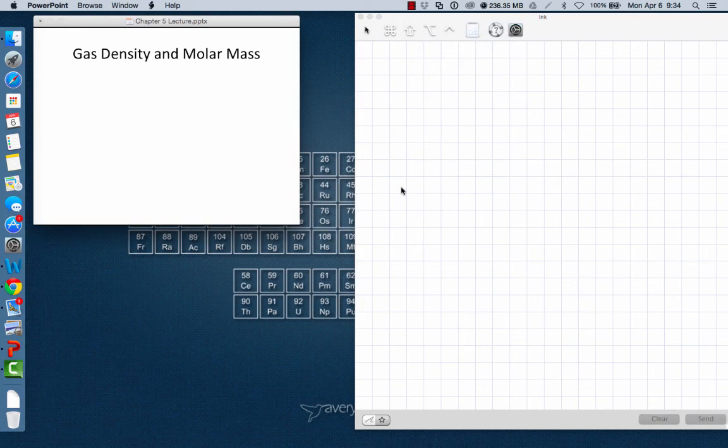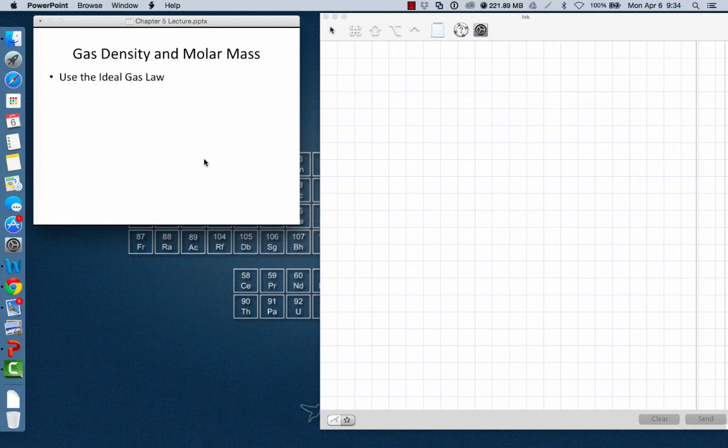So the other thing we can do with PV equals nRT is we can use it to calculate the molar mass or the density of a gas. Okay, so we are going to use our ideal gas law, PV equals nRT, to calculate this because the n equals the number of moles, and we know that we can convert that to mass without any sort of problem.